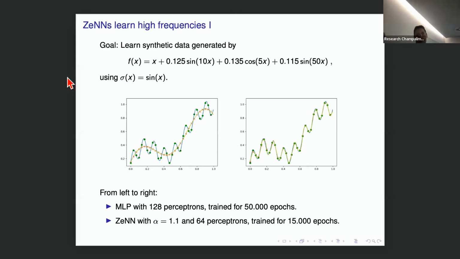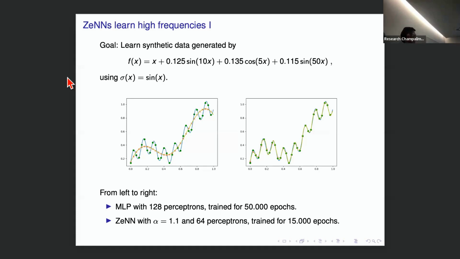And we have compared here what we were able to obtain using a multi-layer perceptron architecture and a ZeNN network. On the left, you have the multi-layer perceptron with 128 perceptrons. On the right is a ZeNN with half the number of perceptrons, 64, and trained for less time, 5,000 epochs instead of 50,000.